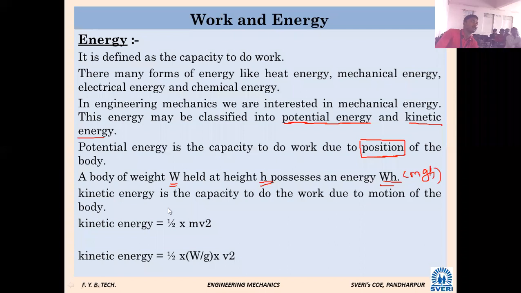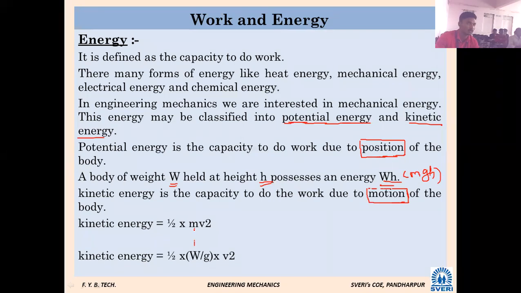Kinetic energy. We were up to kinetic energy. Kinetic energy is the capacity to do work due to its motion. So here we can say energy possessed by the body due to its motion is nothing but kinetic energy. And this formula is also well known to us. Kinetic energy is equal to 1/2 mv square.